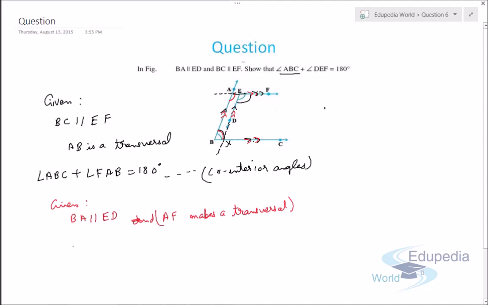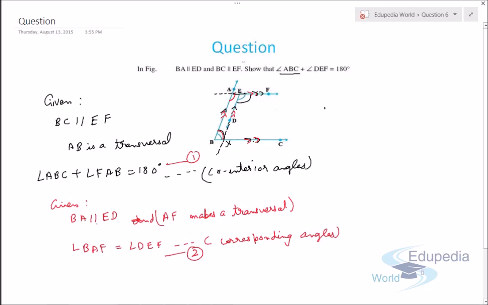So we can write angle BAF will be equal to angle DEF. Why? Because they make a pair of corresponding angles, right? So let's mark this equation as 1 and this equation as 2.